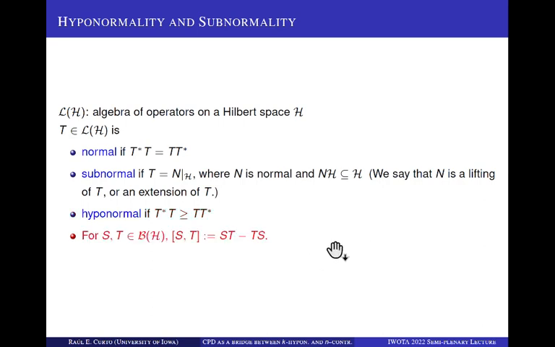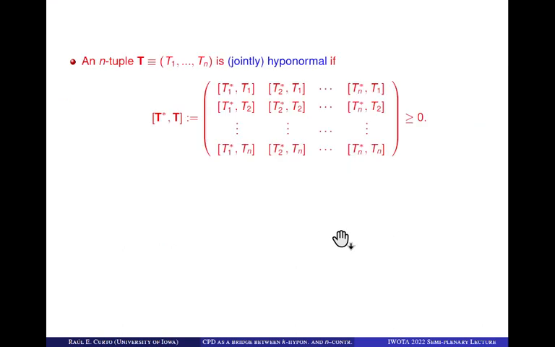If we define the bracket S comma T, the commutator of S and T, we can now talk about an n-tuple T1 through Tn being jointly hyponormal when the self-commutator of the n-tuple, as defined here, is a positive operator matrix.